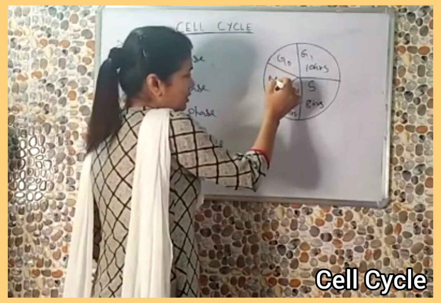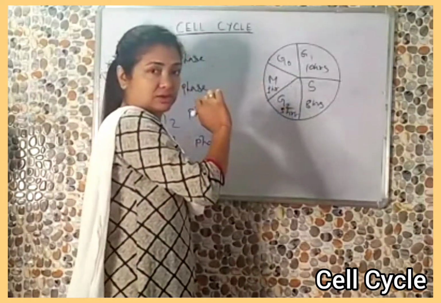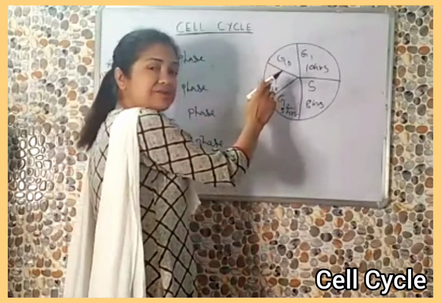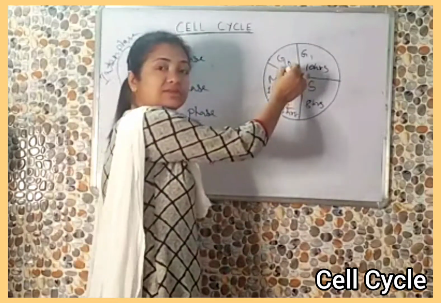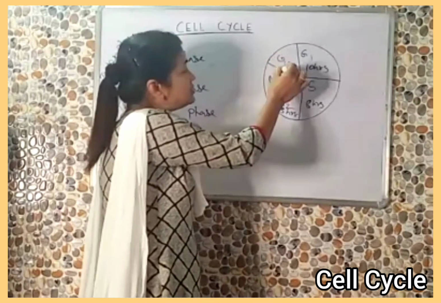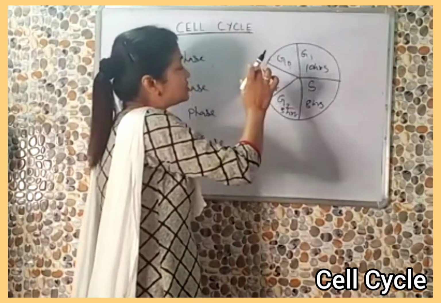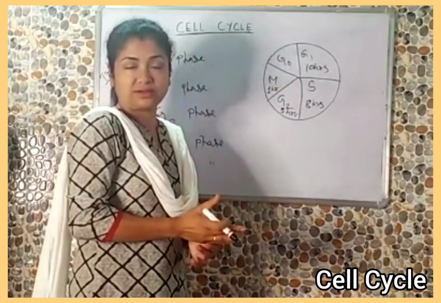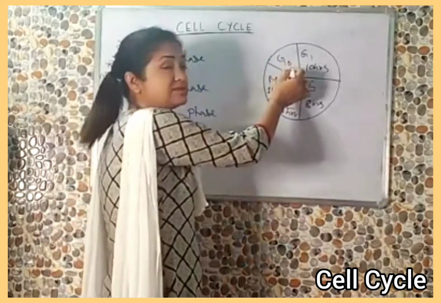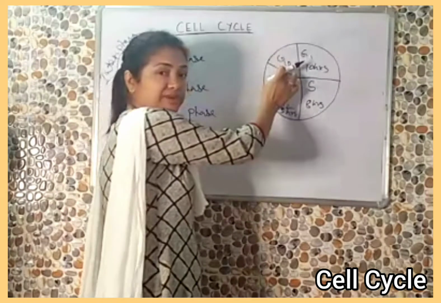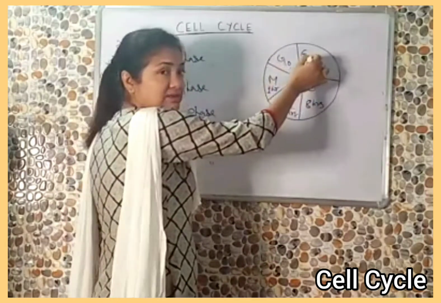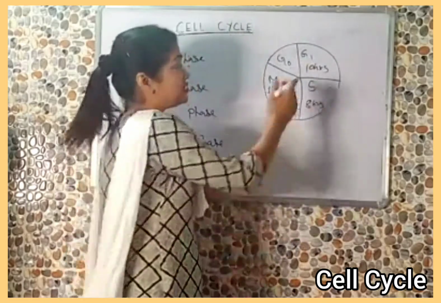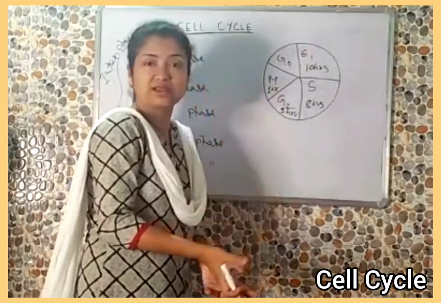Some cells, not all cells, enter a resting phase which is known as G0 phase, and during the G0 phase the cells are not so active for division, and therefore G0 phase is also known as resting phase.